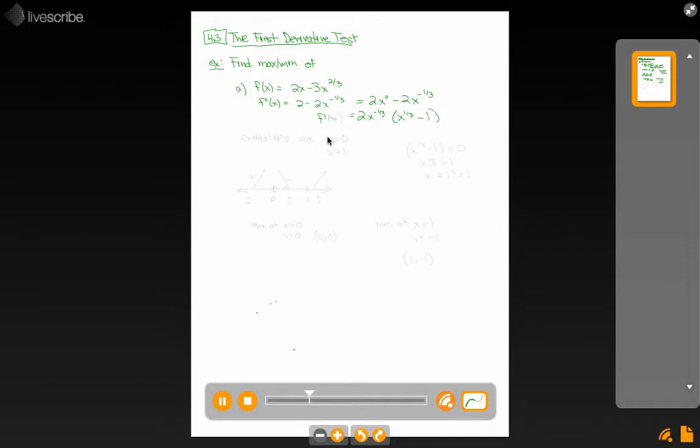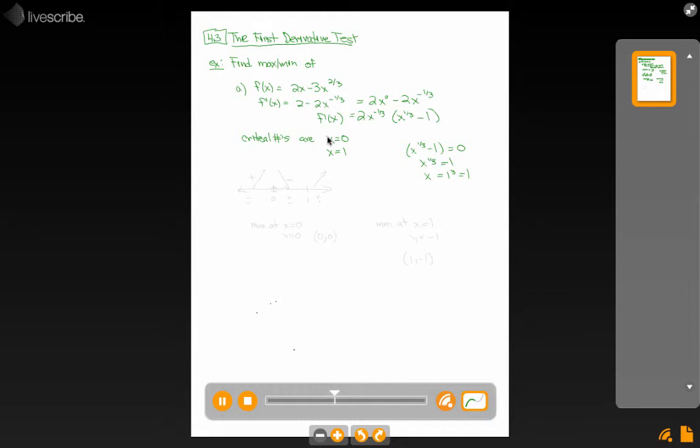It's kind of an artificial way of factoring, but it still is true, it does work. If you multiply it out, you'll get 2x to the 0 minus 2x to the negative 1/3. But I find that my critical numbers are x equals 0, because if I put 0 in there, this first term would give me undefined, and x equals 1, because if I try solving when x to the 1/3 minus 1 equals 0, it's when x to the 1/3 equals 1, which is when x equals 1 cubed, which is just 1 if you cube both sides.